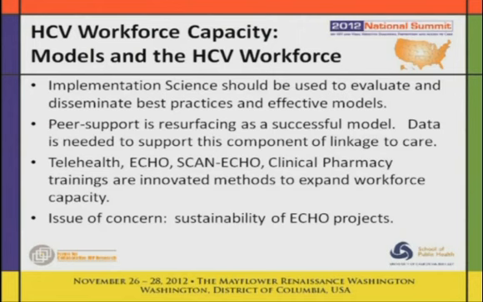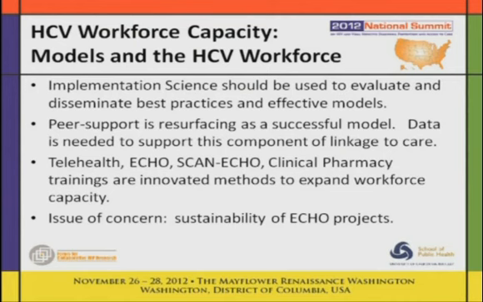Models for HIV workforce. These were some really interesting presentations as well. One of the things that really popped out was that implementation science approaches really need to be used from a refined approach to evaluate and disseminate best practices and effective models so that we're all on the same page in the way that we do this type of research.